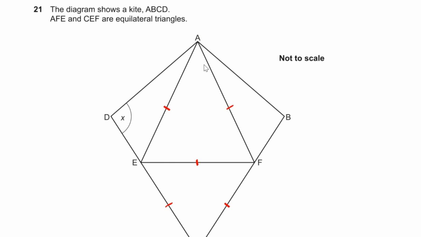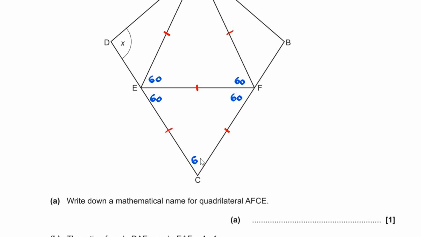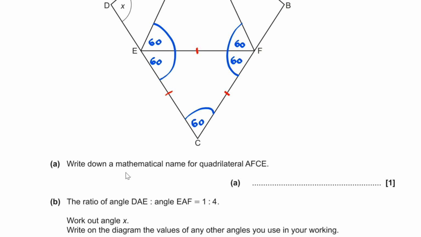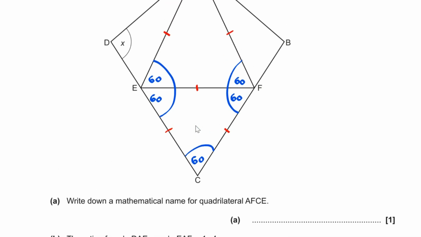And whilst we're at it, we might as well add in a couple of angles. Because we've got an equilateral triangle, we've got 60 degrees in the places as we see over here. So then for part A, we have to write down the mathematical name for the quadrilateral AFCE.